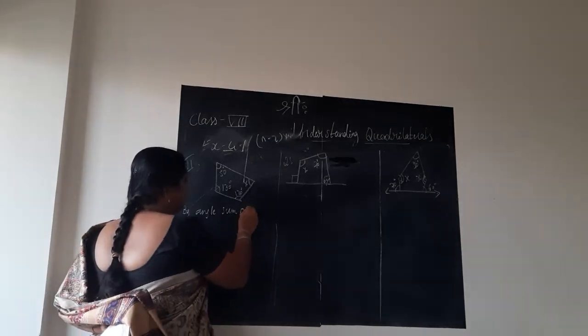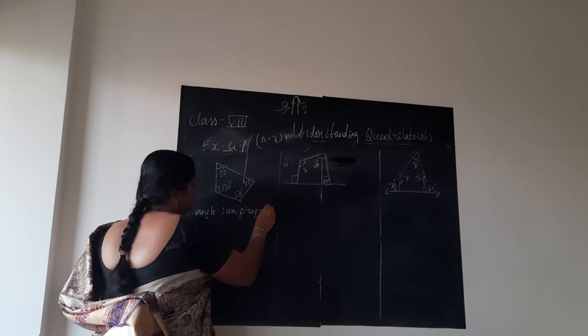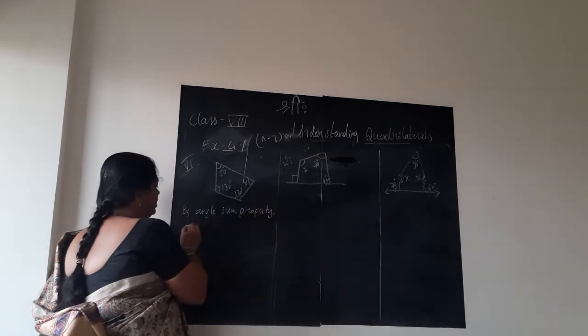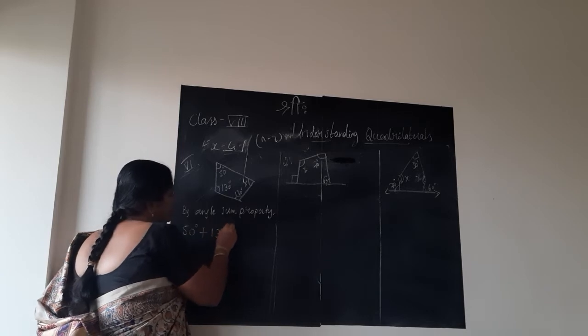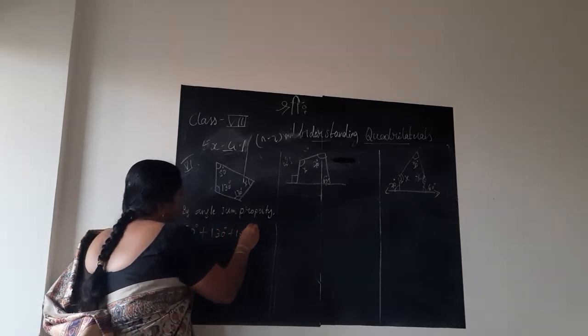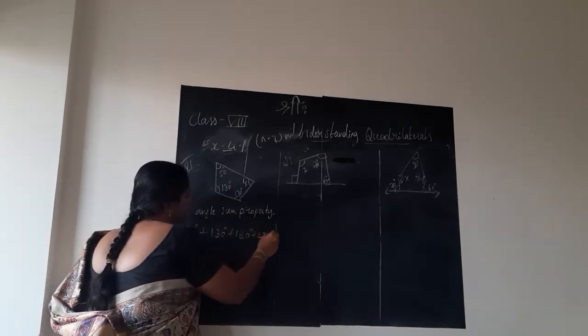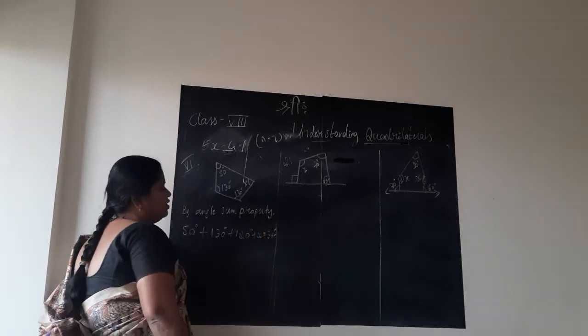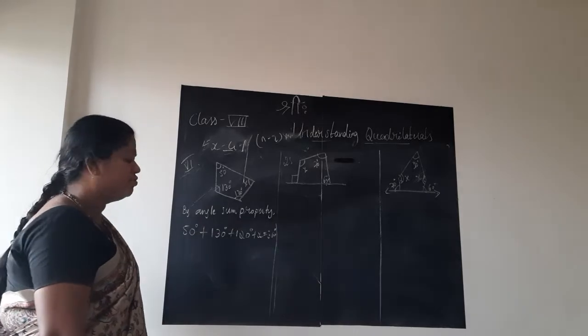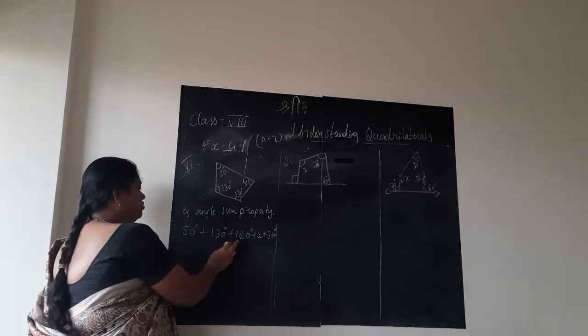So by angle sum property, we can write that 50 degree plus 130 degree plus 120 degree plus x is how much? 360 degree. Why? Sum of angles of a quadrilateral is 360 degree. Now we shall add.